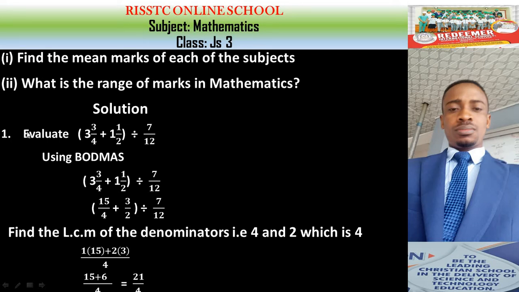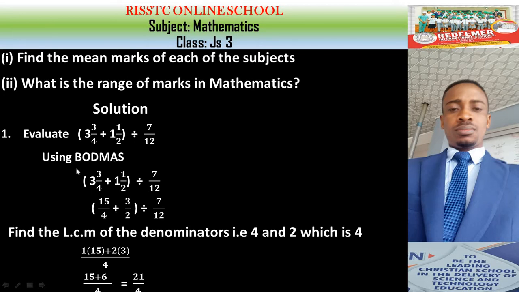We're starting from question 1. Now we have this problem. Before you can solve this problem, we have to make use of BODMAS, and you know what BODMAS stands for.